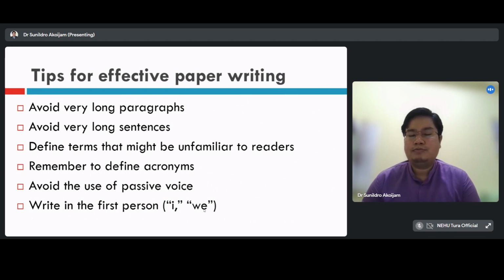These are some small tips which, if you take care of them while writing a paper, definitely the outcome will be good. And if you submit the paper to a journal, the probability of acceptance will be relatively higher.